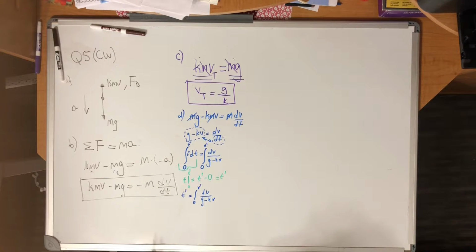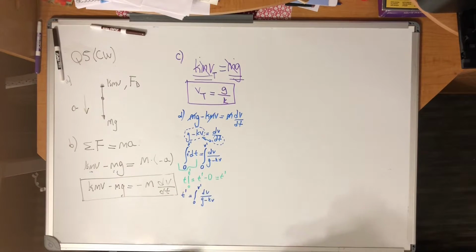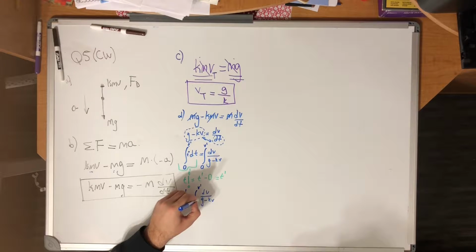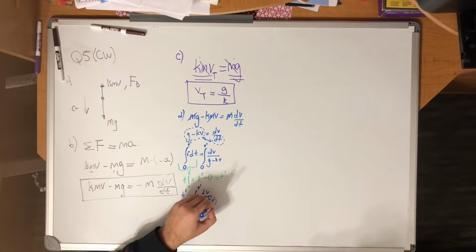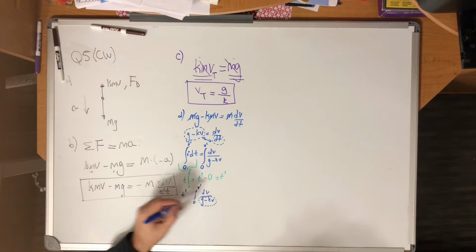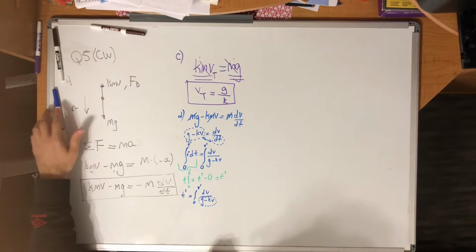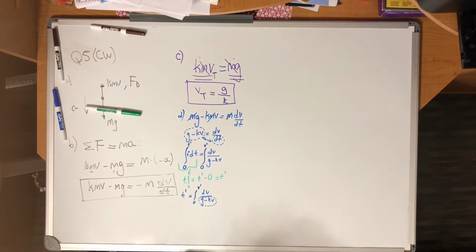Now we need to figure out what to do on the right side. We are done with the left side, so now we need to solve the integral on the right side. To be able to solve this, they use a chain rule. To be able to integrate that function, you need to have it a little bit simpler here because this cannot be integrated as it is. So they decide to use another notation.